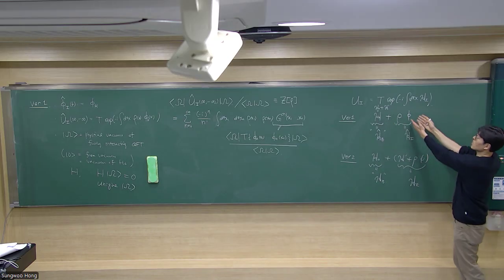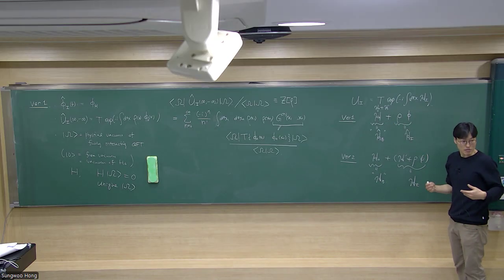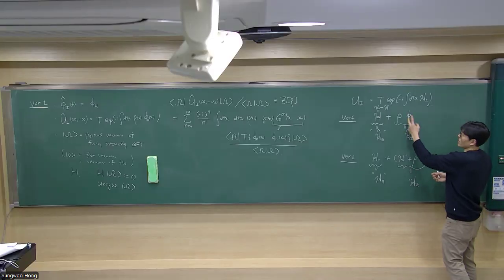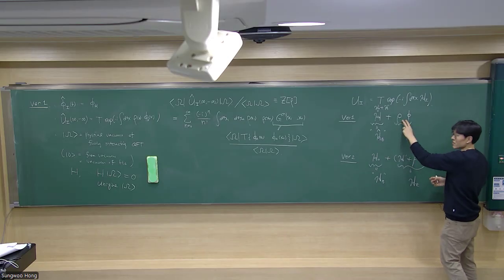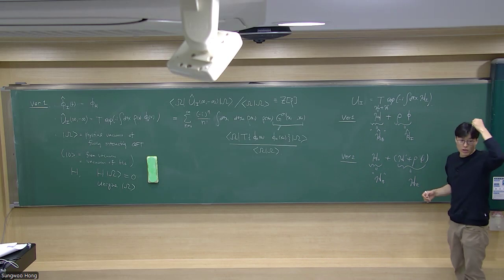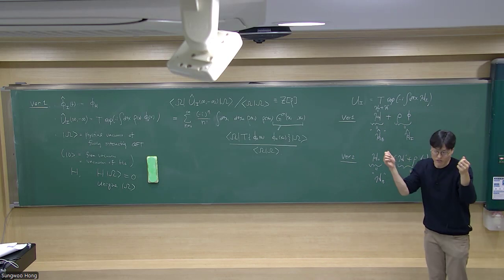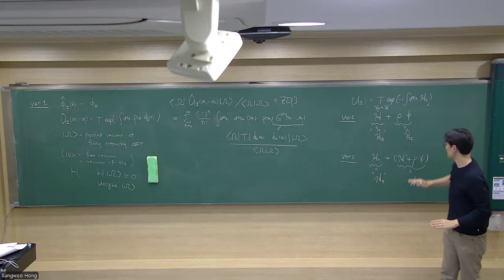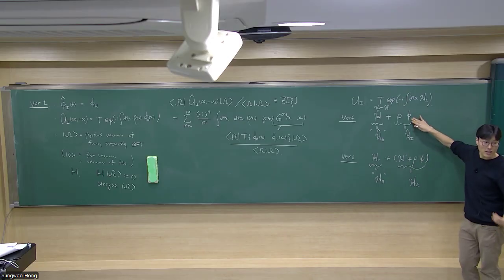I'm just saying there's some operator that the theory can give you, and if I just take that out and write this down, I can still do this analysis. Is that clear what I'm saying? Because whenever I write a phi, you're so ingrained by the fact that that was one of the free fields. Forget that. Erase that. So this can be an arbitrary, well-defined operator of the theory.